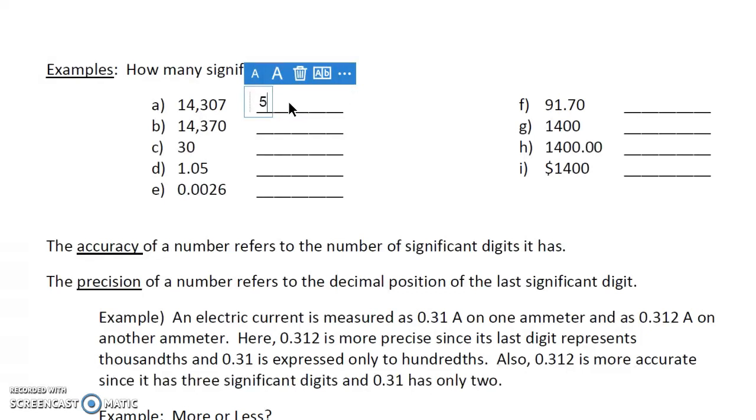Let's look again at H. The 1400, those zeros come after the 4, which is a significant digit because it's non-zero, and also there's a decimal place. So 1400, including the 2 zeros in the hundredths place, would have 6 significant digits.